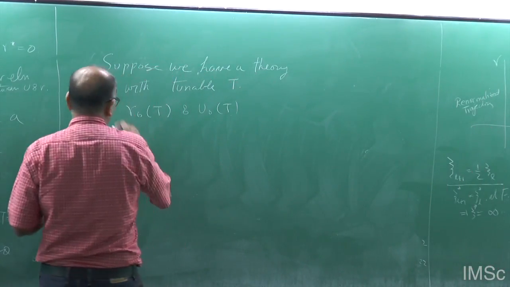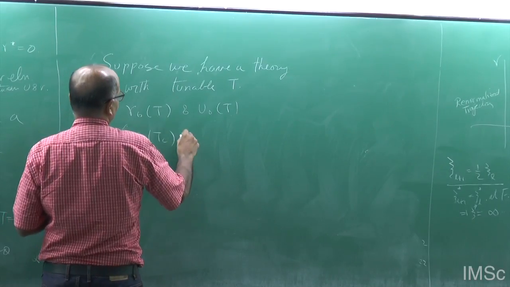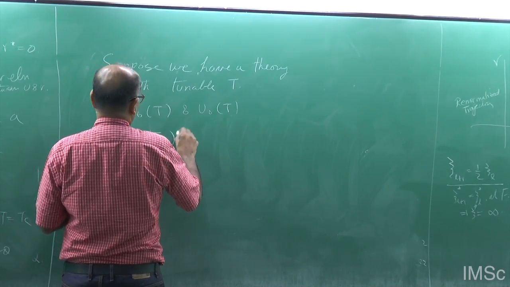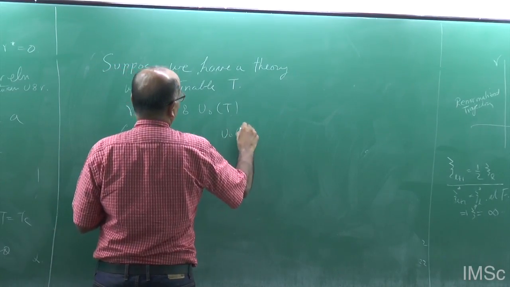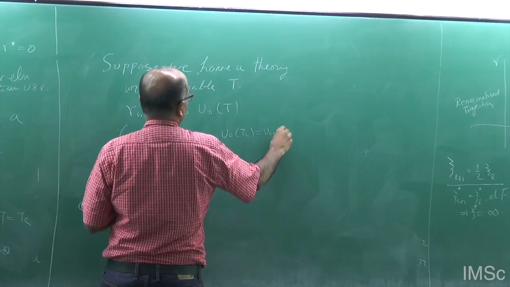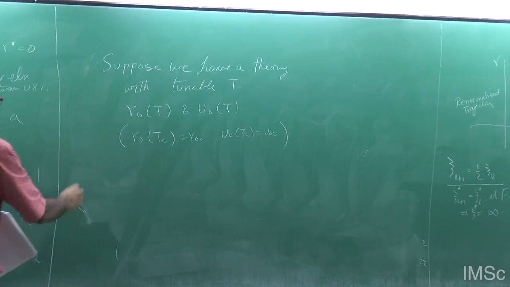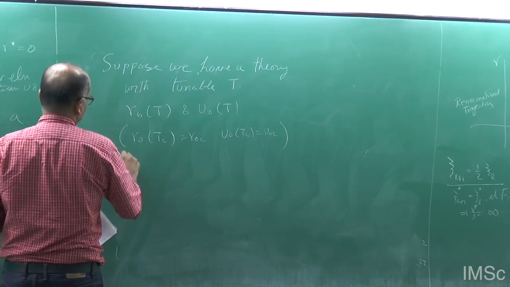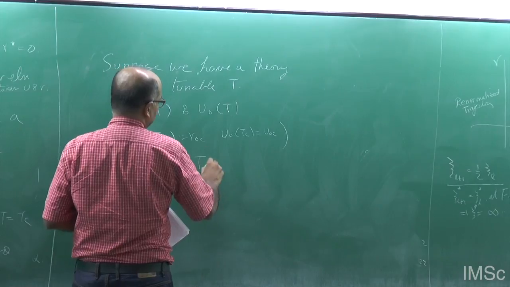And by our definition, r naught of Tc equals r naught c, and u naught of Tc equals u naught c. Okay, that was our definition of Tc. So now we study t not exactly equal to Tc, but near.